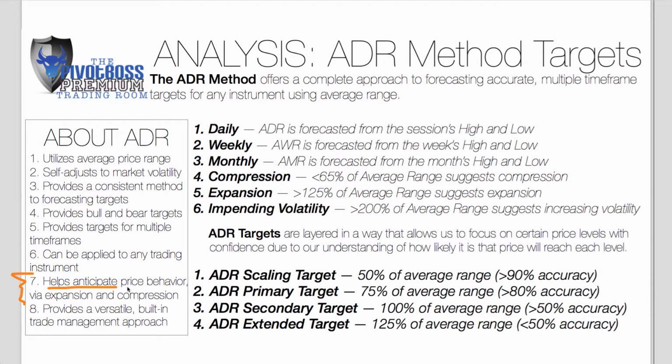Number 7, helps anticipate price behavior via expansion and compression. Expansion and compression are some of our foundational price-based concepts, where if price is currently in a compression phase, then ADR can qualify that compression.